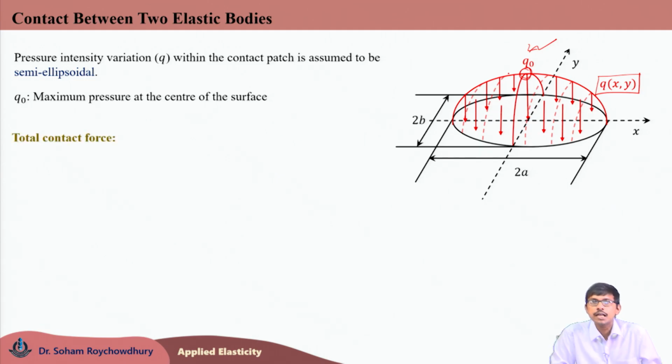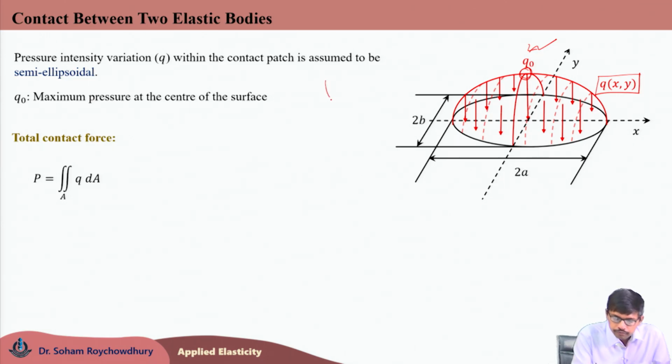Now, using this semi ellipsoidal variation, we can write the total contact force. The total contact force applied is P, which is compressive in nature, and that is resulting in this pressure distribution within the contact patch of the body. Hence, from the free body diagram, if you consider one body, load P is applied downward, and here this kind of contact pressure distribution q is generated.